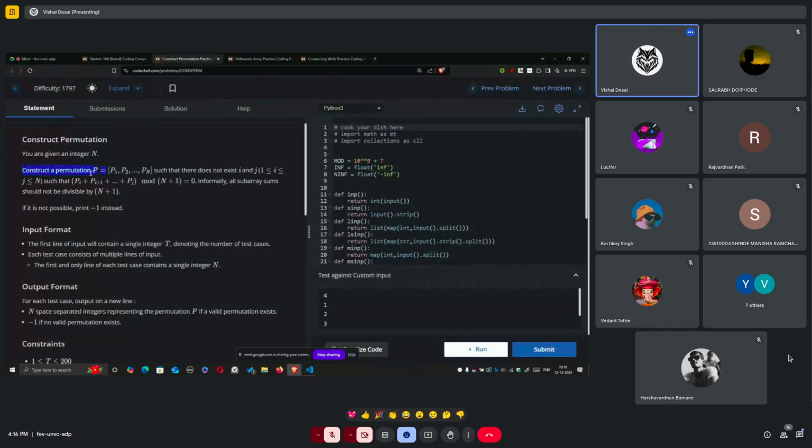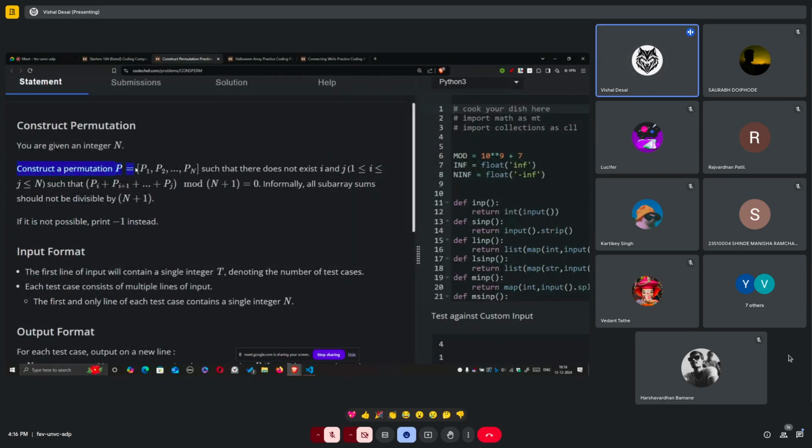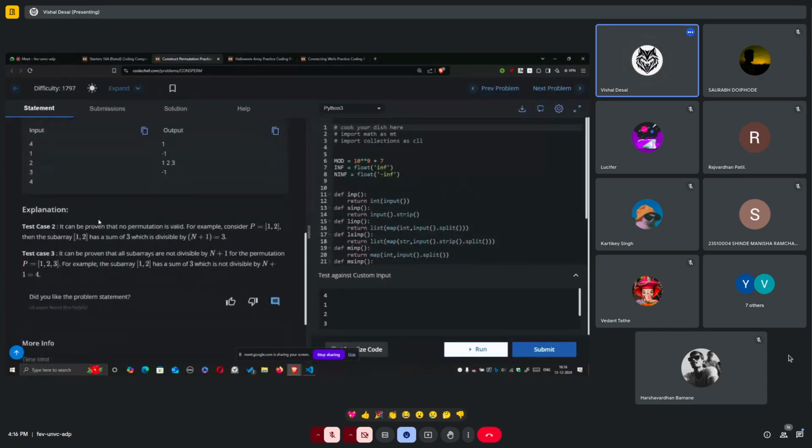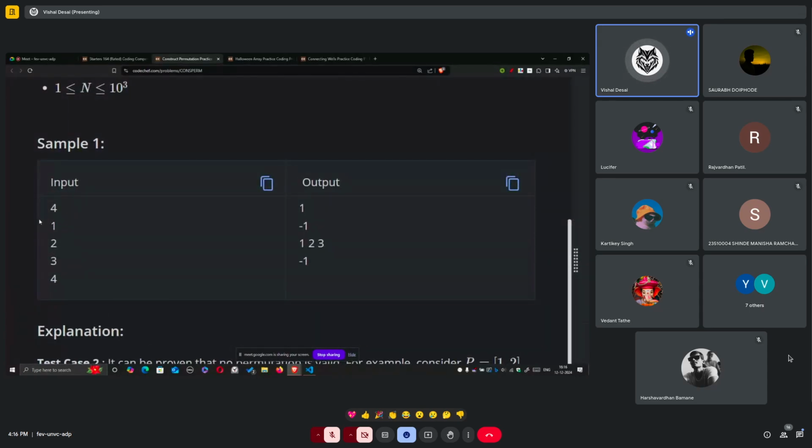Similarly for n, construct a permutation P such that there do not exist i and j such that any subarray sum mod (n plus 1) equals 0. Informally, no subarray sum should be divisible by n plus 1. If it is not possible, print minus 1. So let's look at an example.